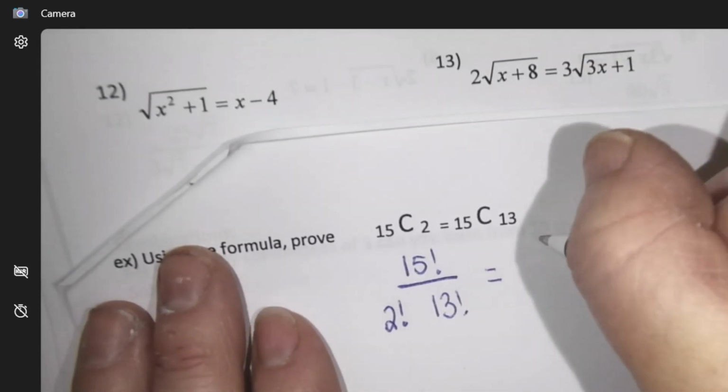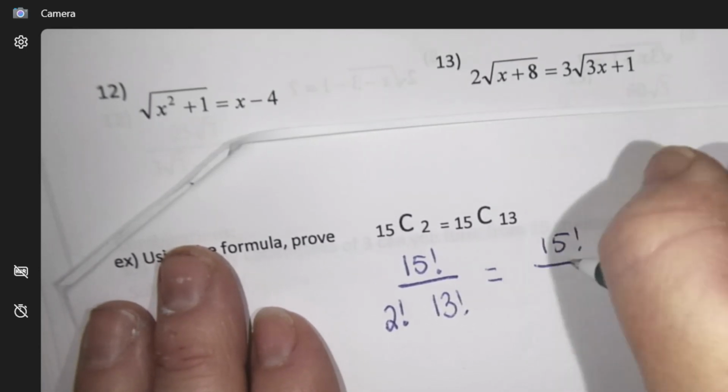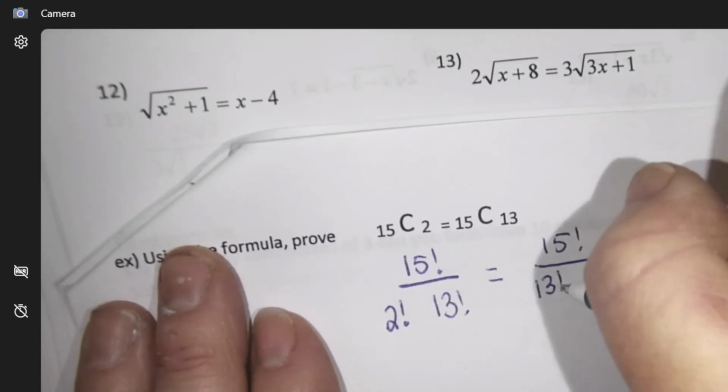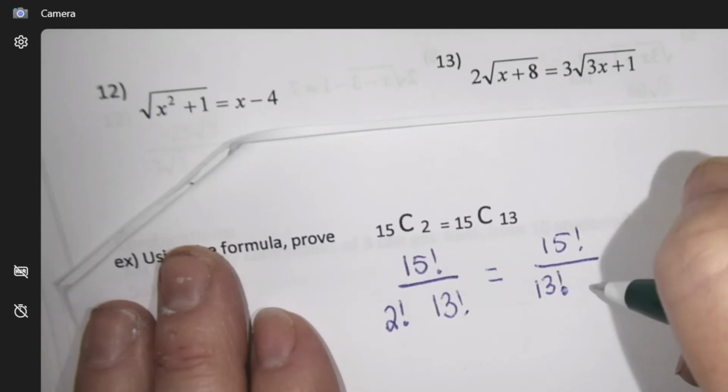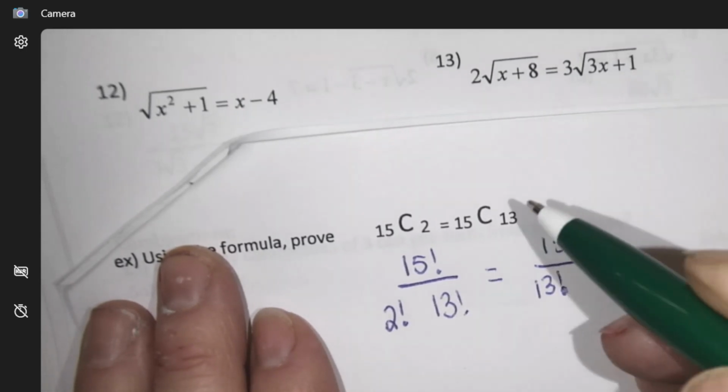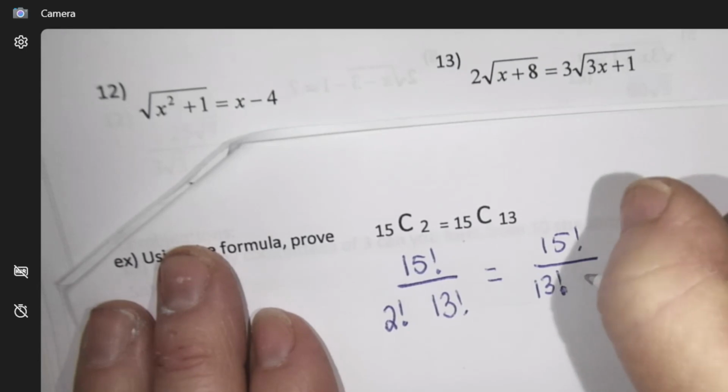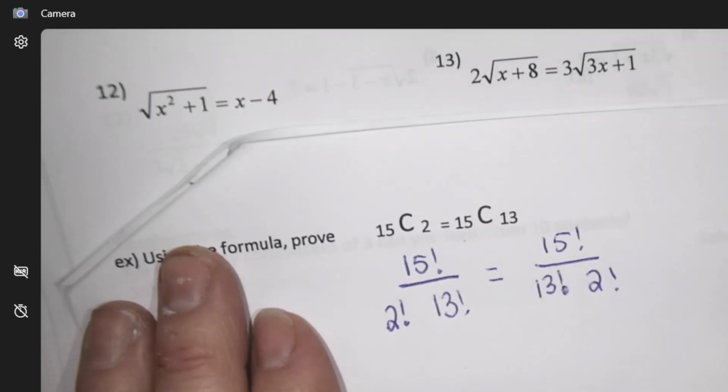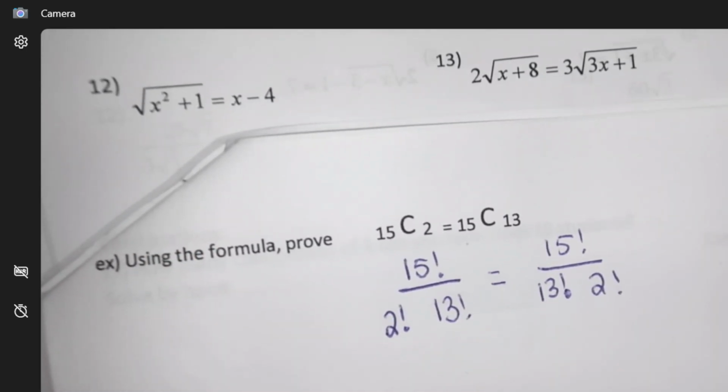On this side, 15 factorial over 13 factorial times the subtraction. So what's 15 minus 13? 2. And are those going to be the exact same values? So what can you conclude?